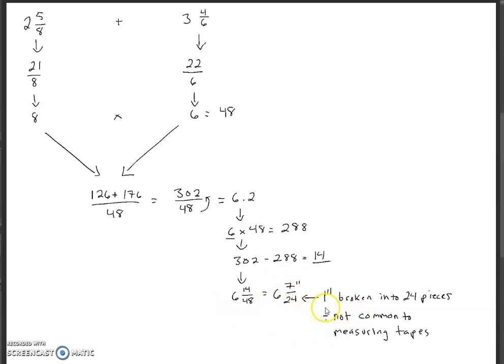So if you think of this in terms of inches, it's broken into 24 pieces. Now, relative to tape measures, this is just a basic fraction, but tape measures deal with it in 16ths, 32nds, and 64ths.